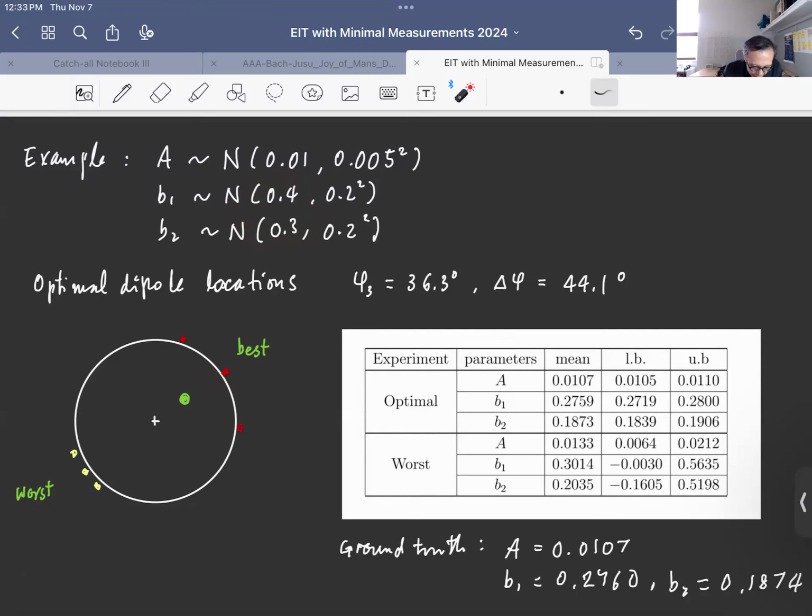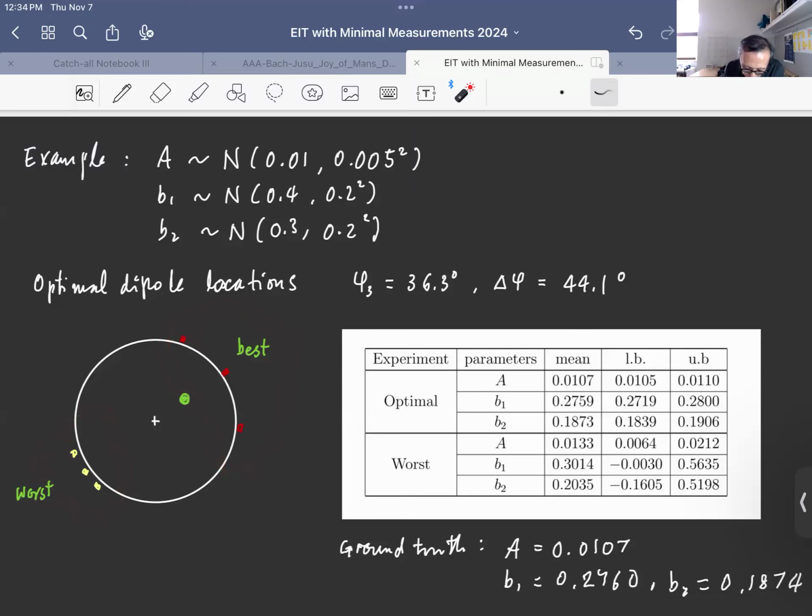And then it places two electrodes at equidistance from the left and right of that center one. And you can tell the difference between the effectiveness of the good measurement and the bad measurement.